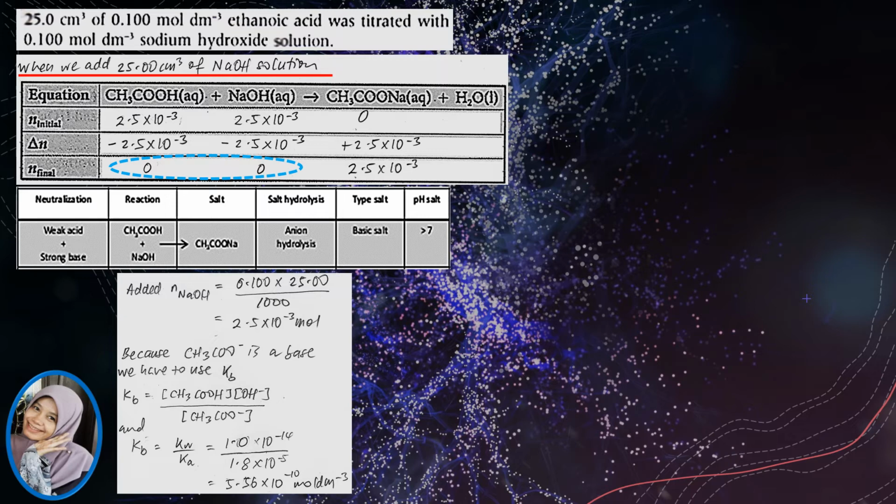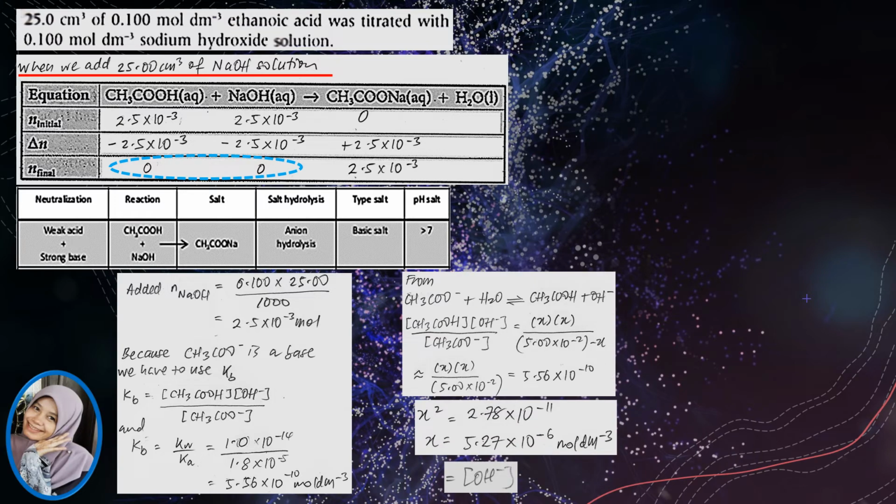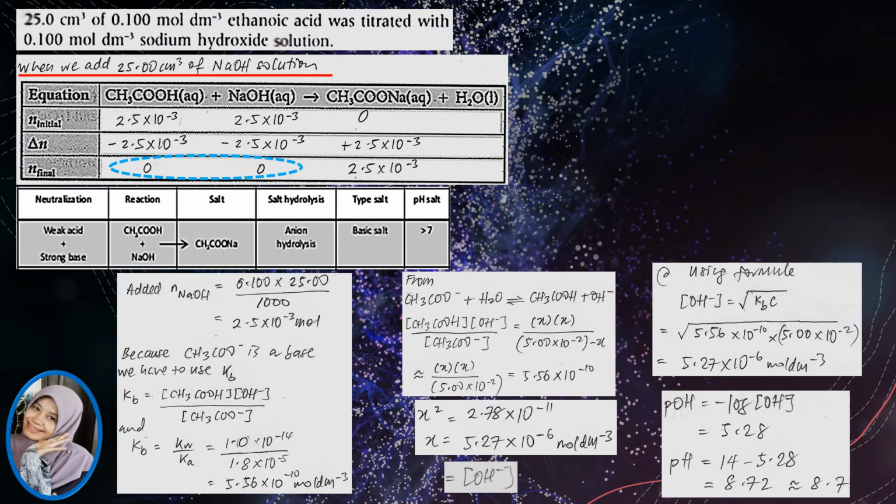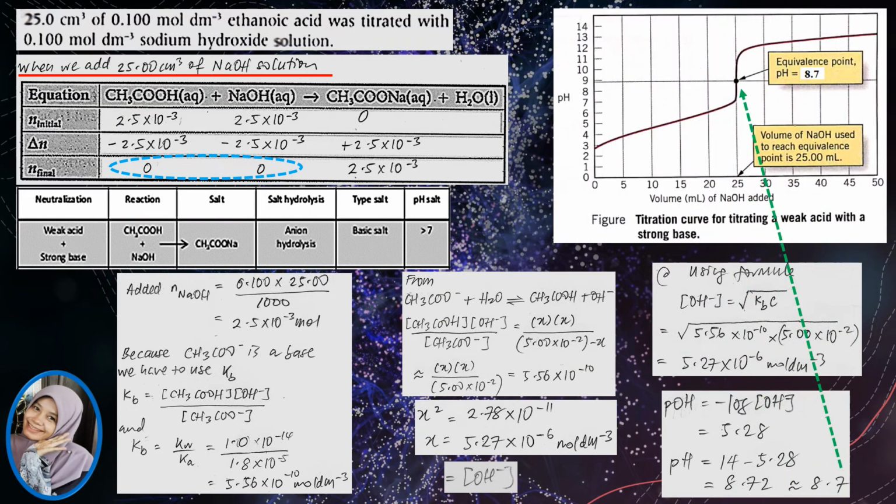Since ethanoate ion is a base, we have to use the Kb expression. We start with writing a chemical equation for hydrolysis of ethanoate ion. Finally, calculated pH of the solution is 8.7. This shows that the pH at equivalence point is basic. Proven that in the titration of any weak acid and strong base, the pH of equivalence point will be greater than 7.